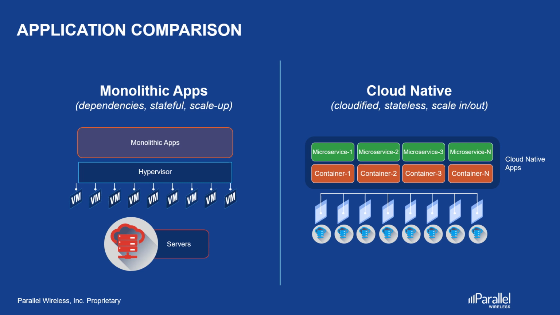Then let's look at a comparison between traditional monolithic applications and cloud native applications. Monolithic applications were designed mainly keeping in mind the purpose-built hardware environment, which later got carried forward to the NFV VM-based infrastructure as such. Monolithic applications are more stateful, and though they are modular internally, they have tight coupling and tight dependencies between them.